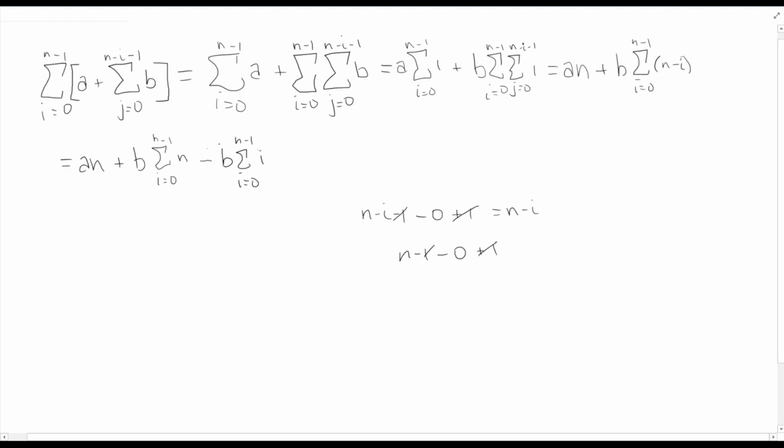So we end up with minus b with the sum of i equals 0 to n minus 1 of i. All right, so we should be able to continue a little further. We're still going to have our a n, plus now, this term n does not depend on our i either, so as before, I'm going to bring it out front. I'm going to get my bn. We just have a 1 there now.